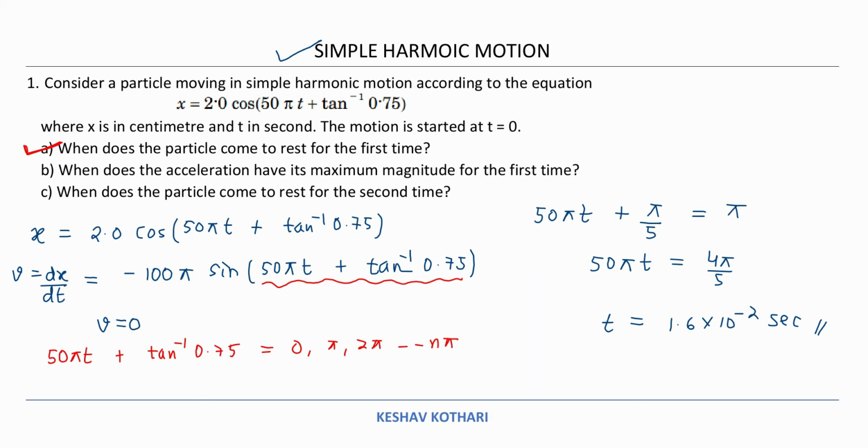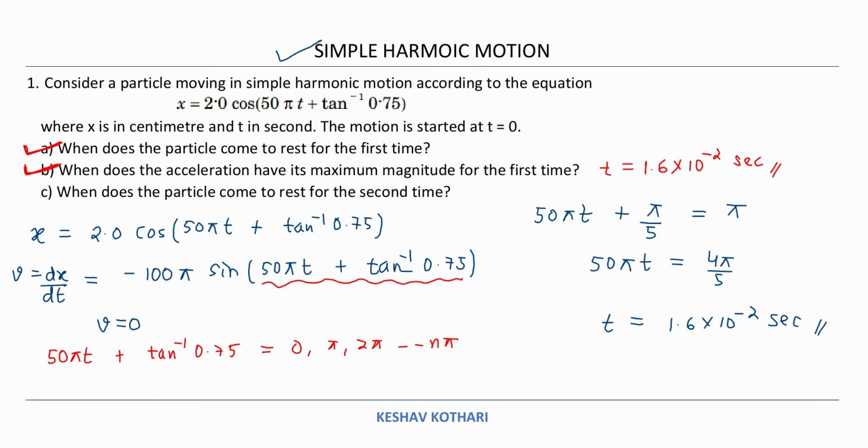The problem is asking when does the acceleration have its maximum magnitude. For this, again the particle needs to be at the extreme position. So our time value, 1.6 into 10 to the power minus 2 second, is going to remain the same for the second part. The maximum acceleration is at the point when the particle is at the maximum amplitude, so the answer will remain unchanged.